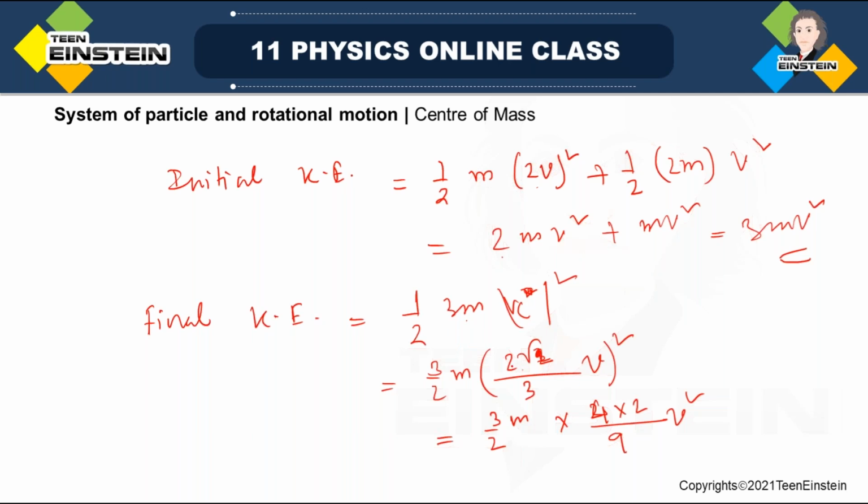So this will give you 4 into 2, which is 8, over 9 v square.